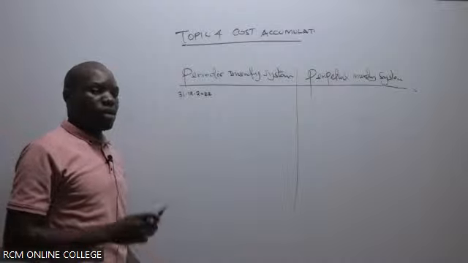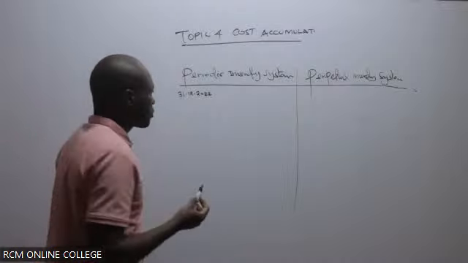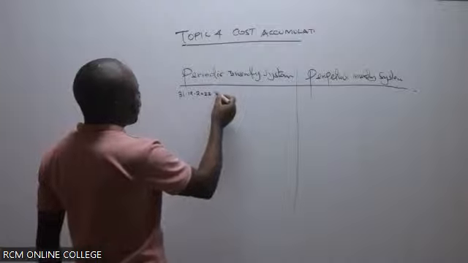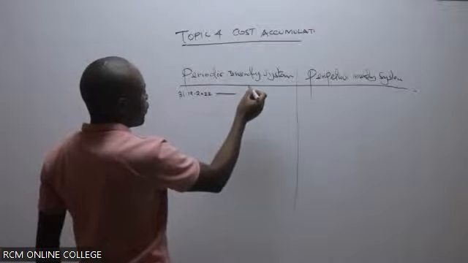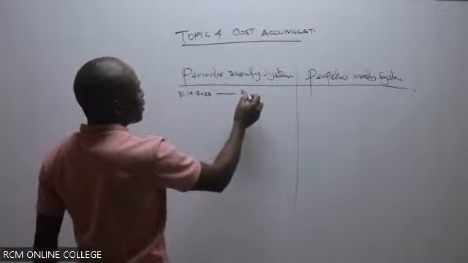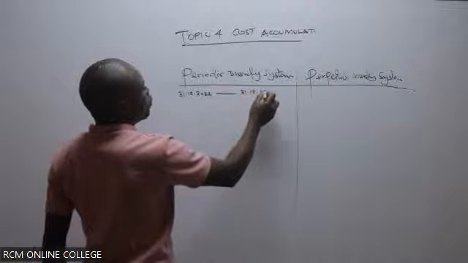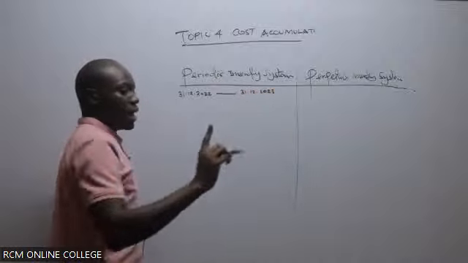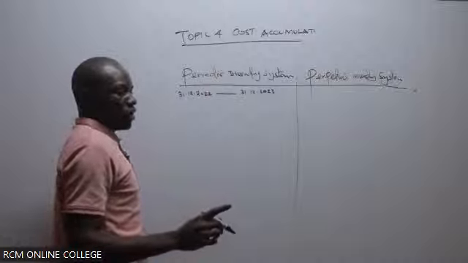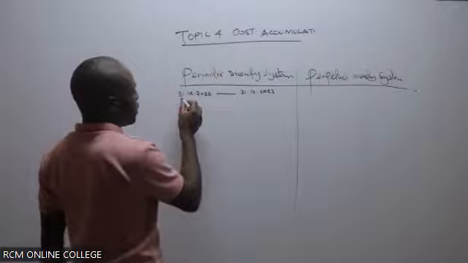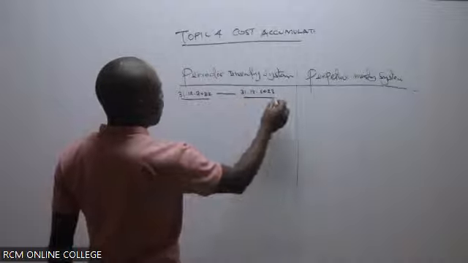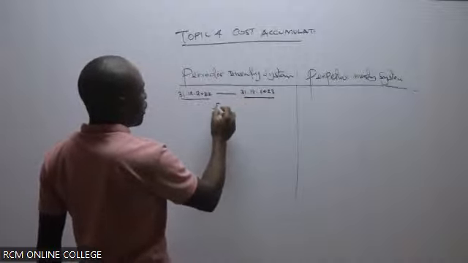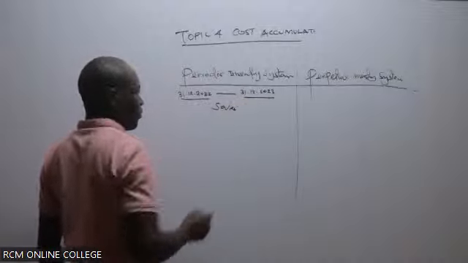Then you do your sales until you are again waiting for 31st of December 2023 to go and count. On this date, this is what we had. On this date, this is what we have. Getting the difference will help you get sales.